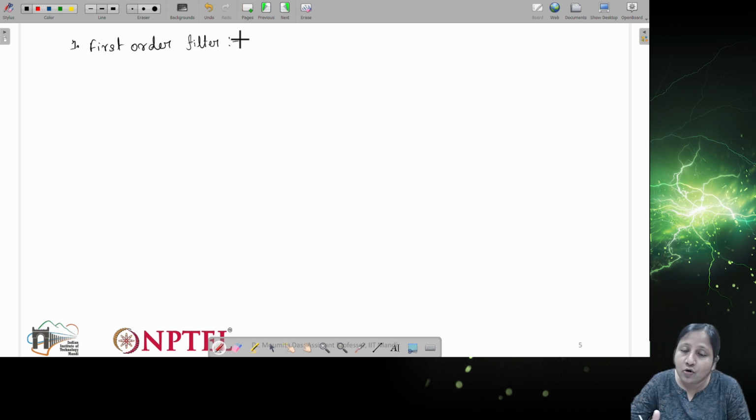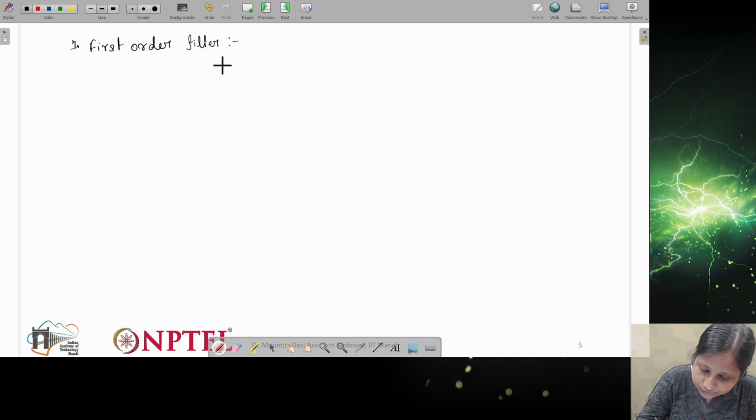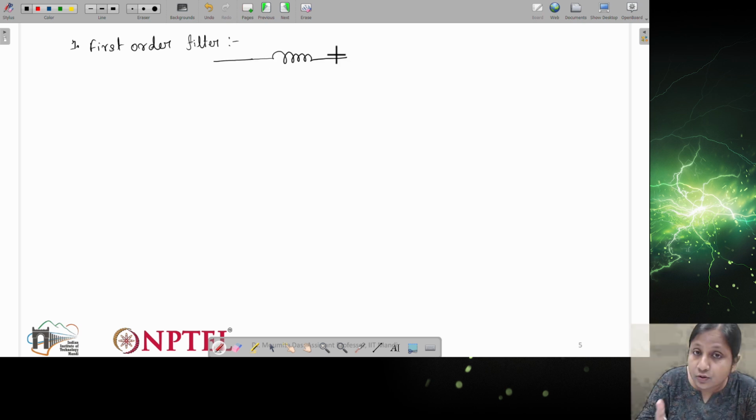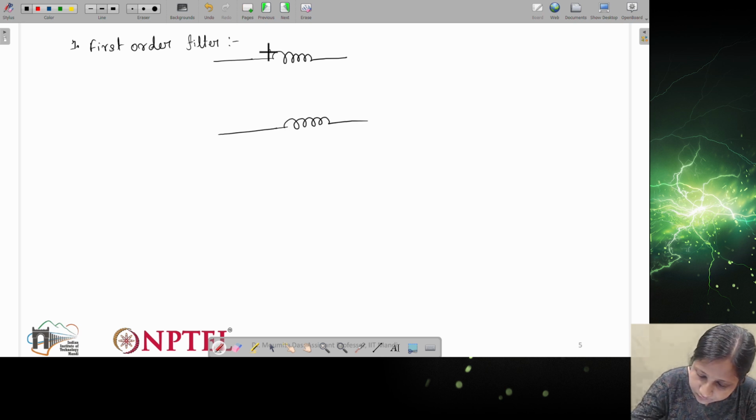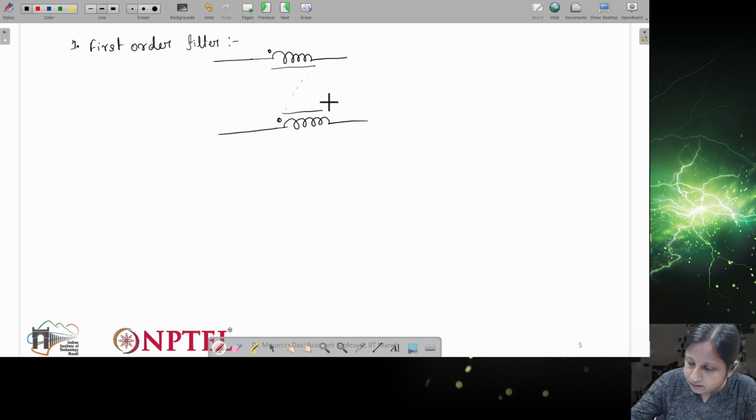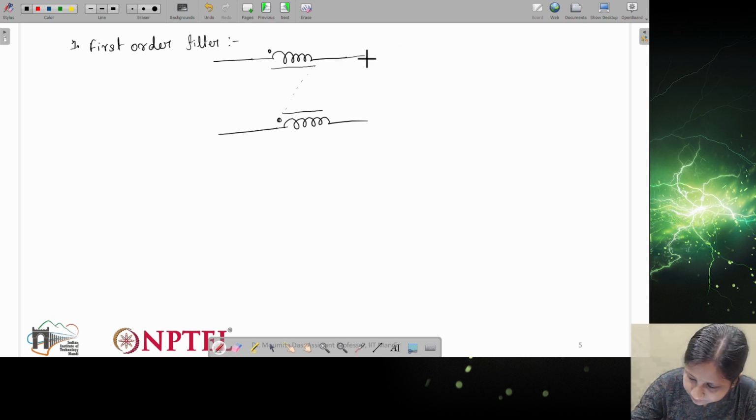You can see that the order is first, meaning only one inductor or capacitor can be present. Then how does this filter look? The filter will have this common mode choke, with two windings coupled in a single core. Right. Then this will be connected to the matching impedance.